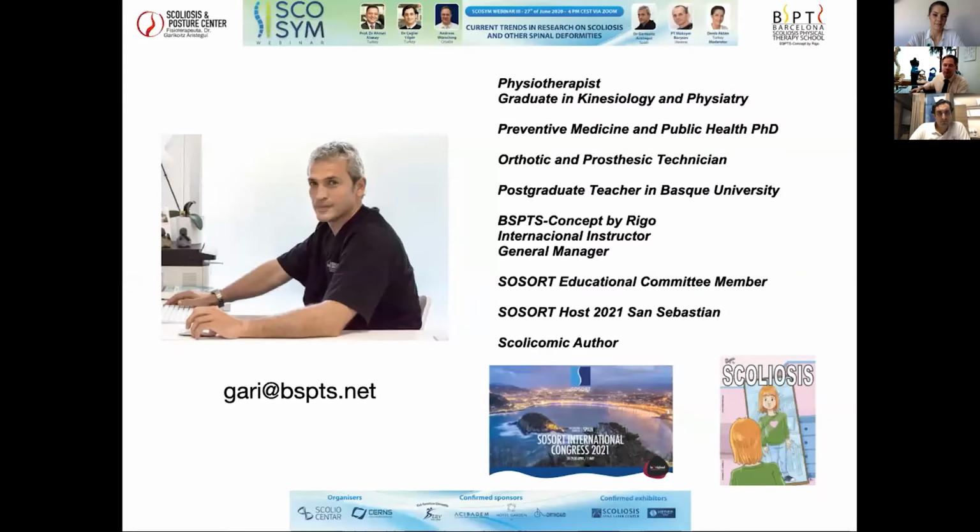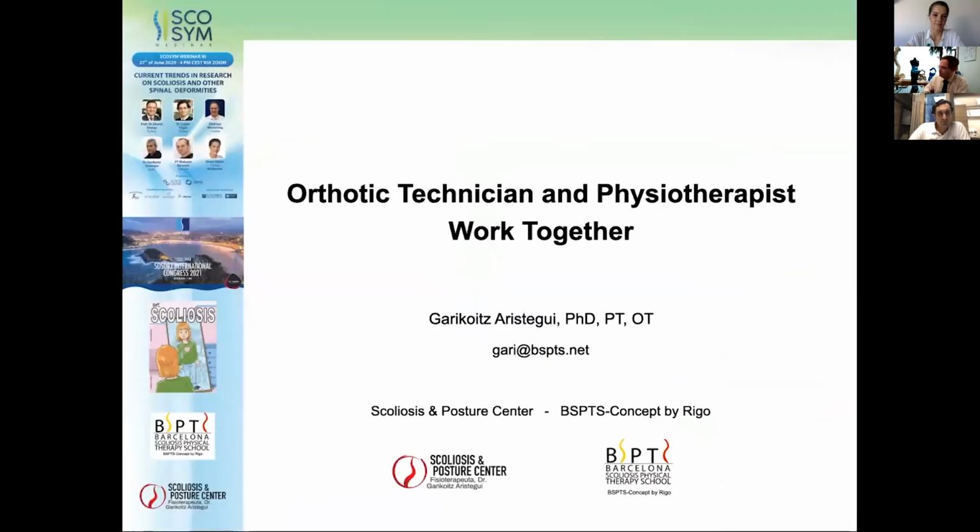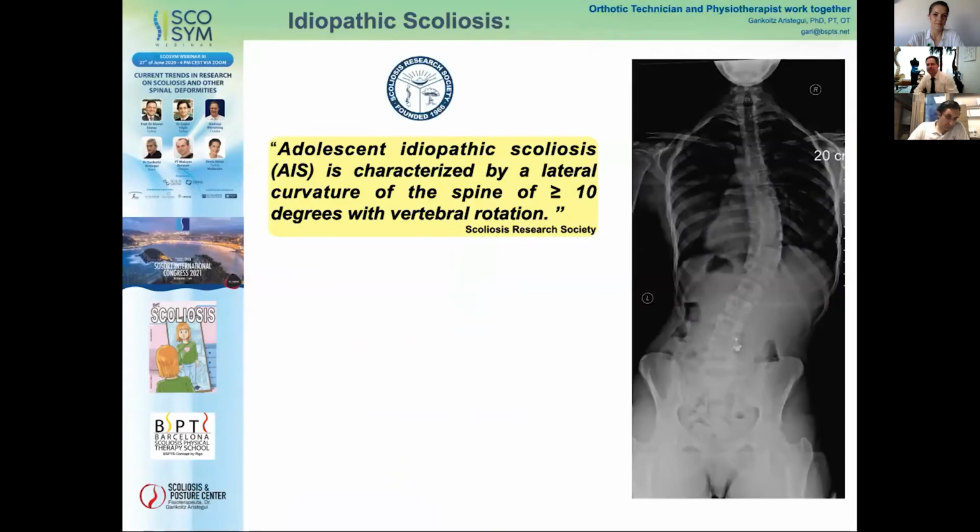Now, at this moment, my idea is to discuss a little bit. I'm a physiotherapist, and also I am an orthotic technician, and I would like to discuss how both work together. We know that the Scoliosis Society definition of idiopathic scoliosis is characterized by a lateral curvature of the spine of more than 10 degrees with vertebral rotation.